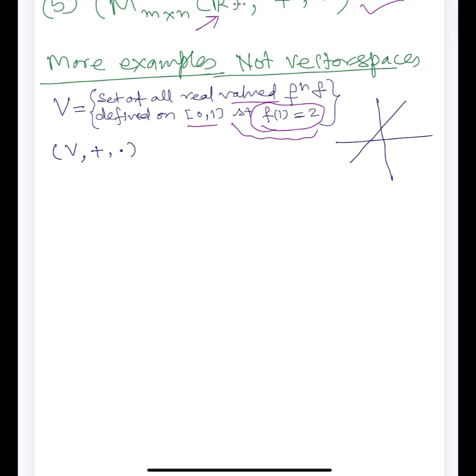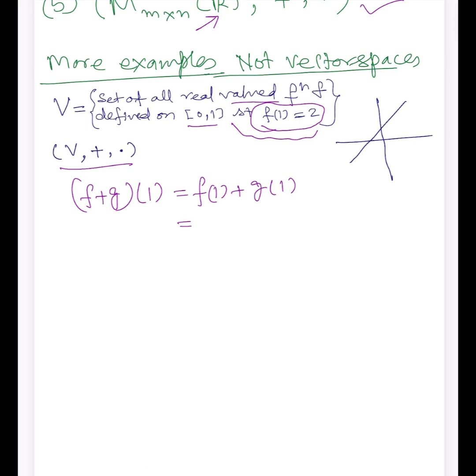Now to see that this is not a vector space, I take f and g as two functions. f(1) plus g(1): if f and g are two functions in V, then f plus g must be in V. But this is 2 plus 2, which equals 4, not equal to 2. So f plus g does not belong to V. So V is not at all closed.